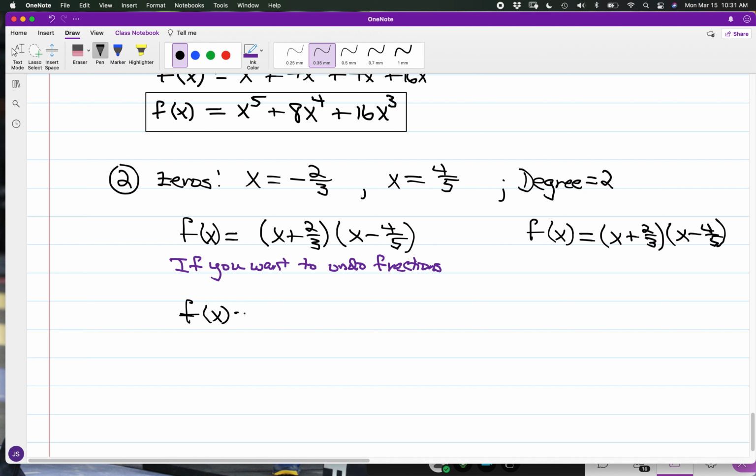For x plus 2/3, we have thirds involved, so you can multiply this first binomial by 3. And for x minus 4/5, you can multiply this second expression by 5.